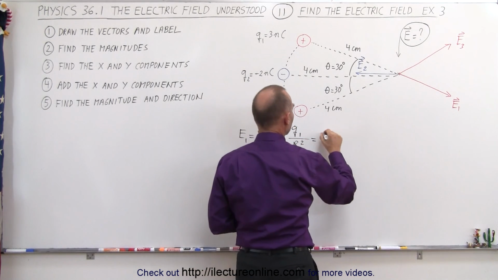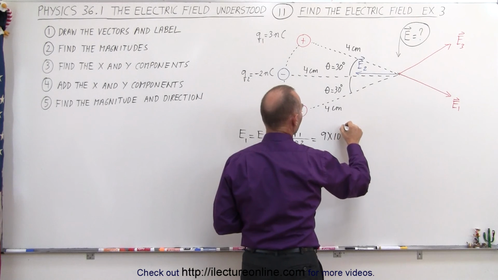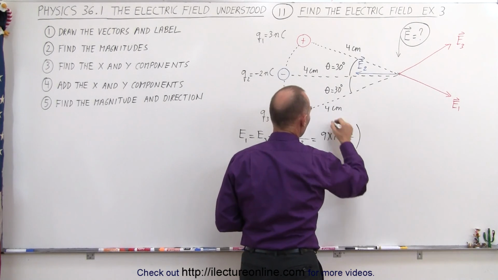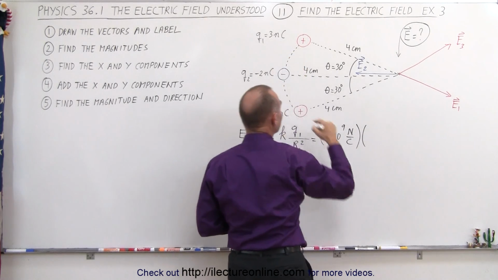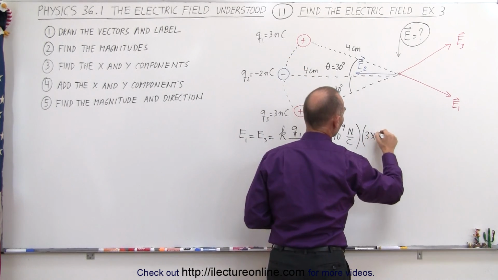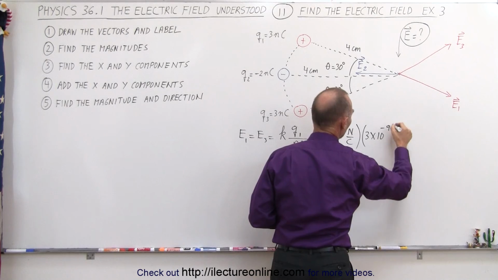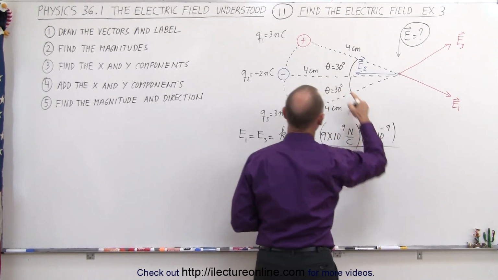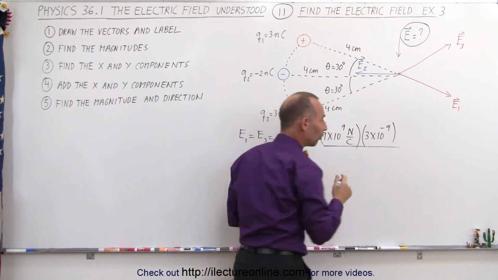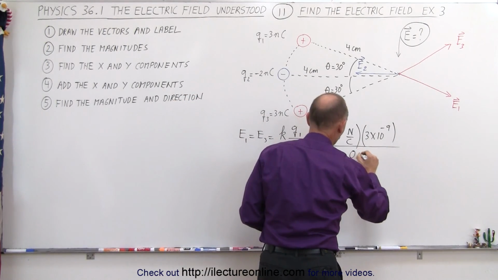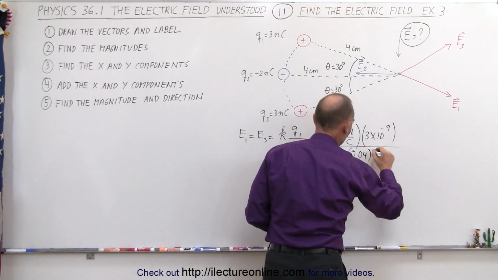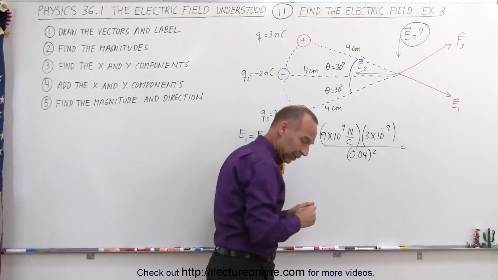So in this case, that would be 9 times 10 to the 9th newtons per coulomb, because we just leave off all the other units. Q1 is 3 nanocoulombs, that's 3 times 10 to the minus 9 coulombs, all divided by the distance squared. That's 4 centimeters, which needs to be converted to meters, so it's 0.04 meters, quantity squared.